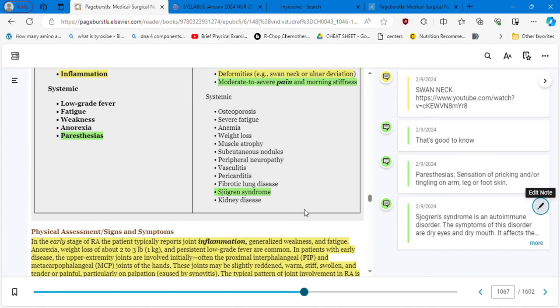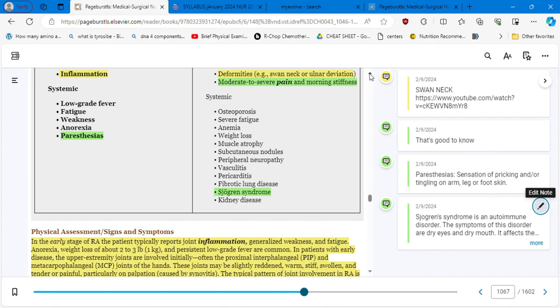So RA, Sjögren's syndrome, probably other autoimmune conditions, that right now I cannot remember, but multiple autoimmune conditions, like sickle cell.